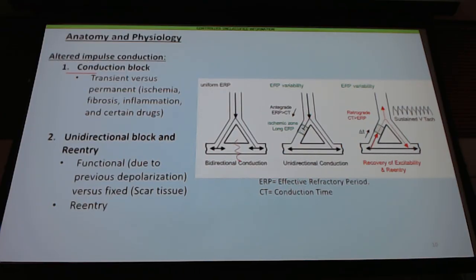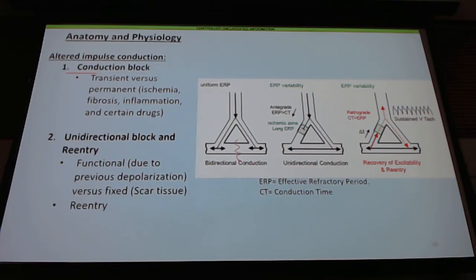And this can be something transient, so if you just have ischemia, you can get this, but it could be permanent. So if I have a ventricular septal infarct from a LAD occlusion, I can knock out my bundle branches, and now that's permanent damage, and now I have a permanent conduction problem.